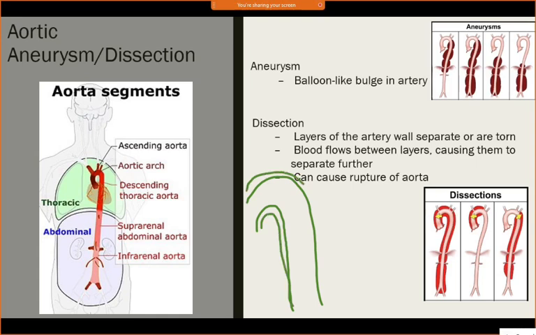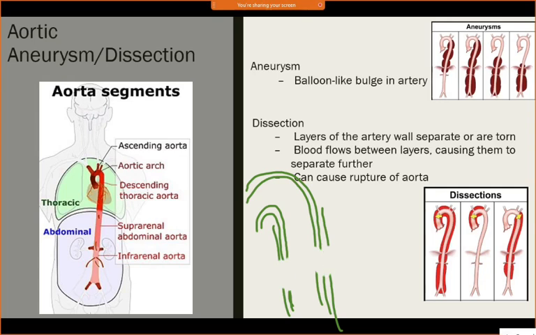There's a couple of different layers to the blood vessel wall here. So if this first layer starts getting weak, it starts to bulge out. Let me see, I didn't draw that properly. That's what it's supposed to look like normally.